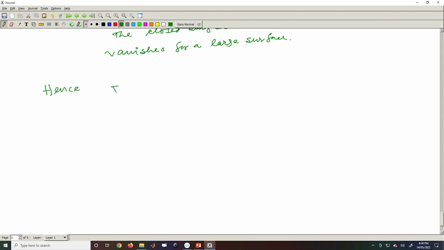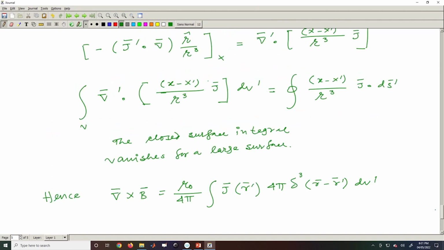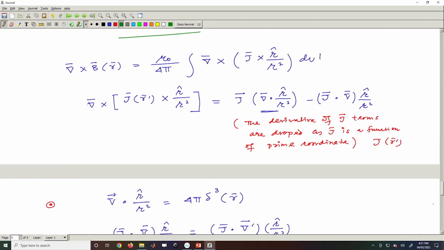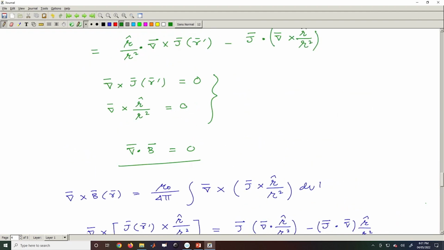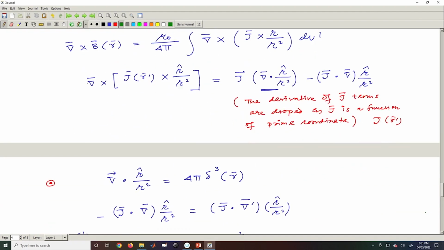And hence I can have curl of B equal to mu 0 divided by 4 pi, and we have the term that we know, r prime, and we have 4 pi delta r. So it is eventually delta cube, r minus r prime, over the entire volume integral, because the rest of the term is 0. Please check it: I took the curl of both sides.